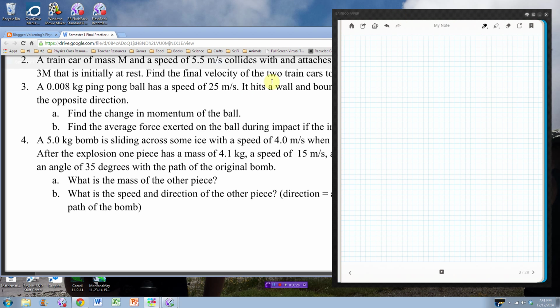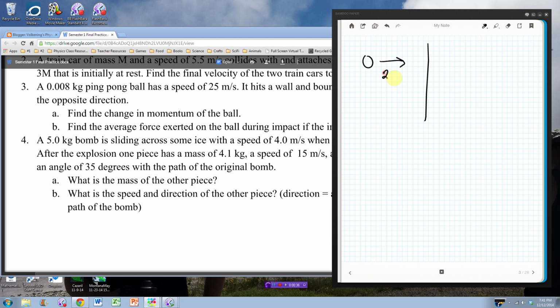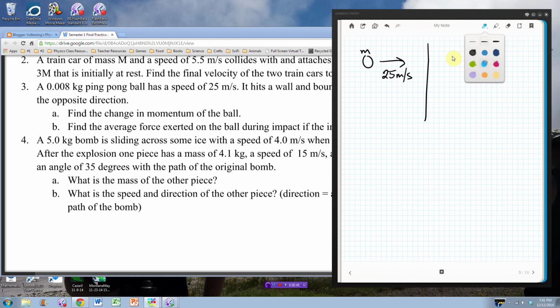So, before it hits the wall, let's do the wall here. Ping pong ball is coming in with a speed of 25 meters per second. Then afterwards, so that's before.